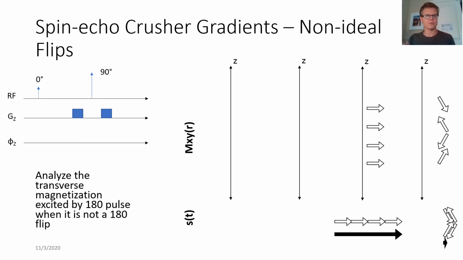And the final case we're going to look at is transverse magnetization that actually does not see the first RF pulse, but instead just sees excitation from the second RF pulse in our spin echo sequence. These approximations, these simplifications, this model, in fact, cover the effects that we're trying to eliminate with the crusher gradients.